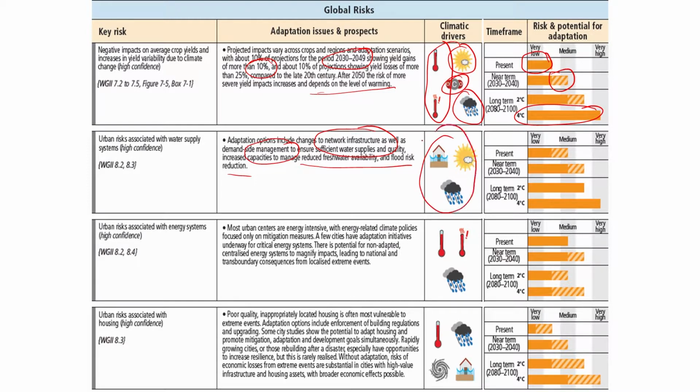So, floods, heat waves, extreme rainfall, risks with some adaptation, but in the long term adaptation options begin to be almost non-existent. These are all based on what technology and science we have now.